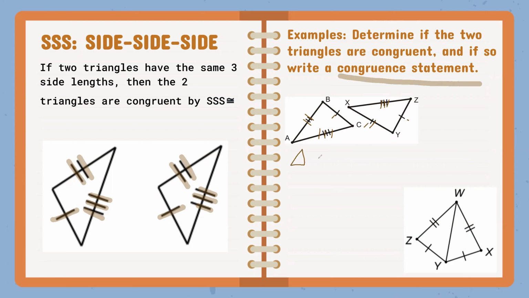And I'm going to go ahead and say triangle ABC is congruent to triangle, let's see, if AB goes down the line with 2, it looks like here, X to Y, because it goes down the side with 2 lines. And then from B, I went to C. From Y, I'm going to Z. So that is a congruence statement. And the reason is by SSS.